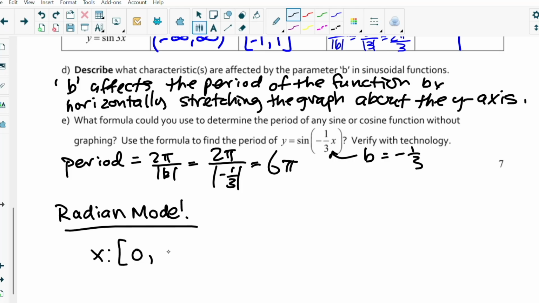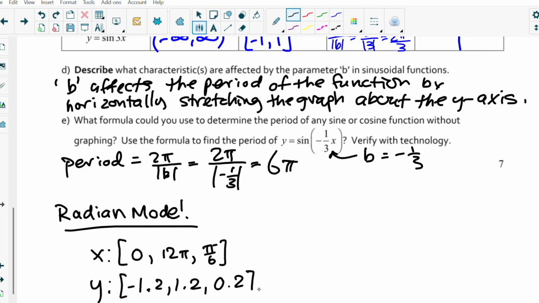You can type in 12 pi directly. And then our scale should be pi divided by 6, so every pi over 6 radians or 30 degrees. Y values, I'm just going to keep it as negative 1.2 to 1.2, with a scale of 0.2. So go ahead and graph that.